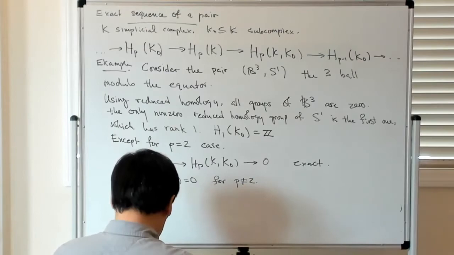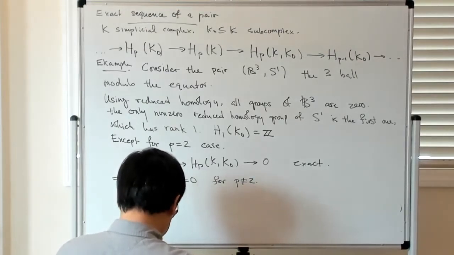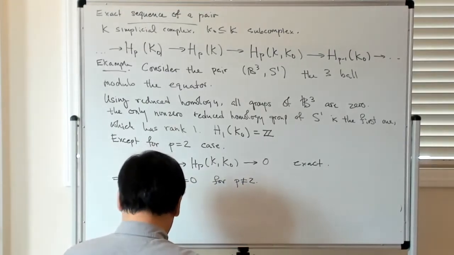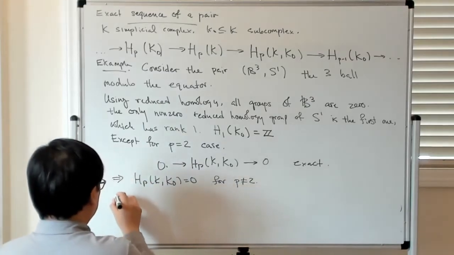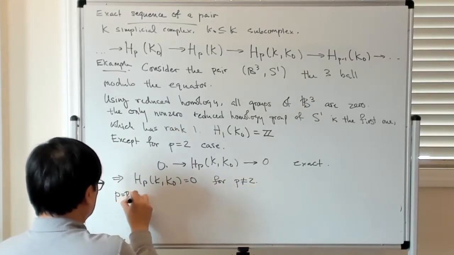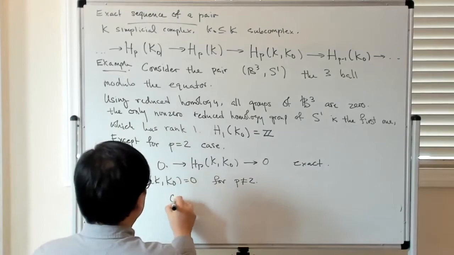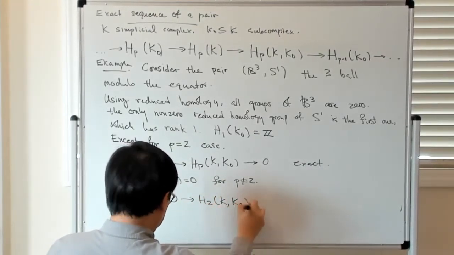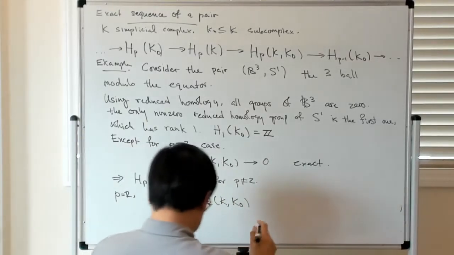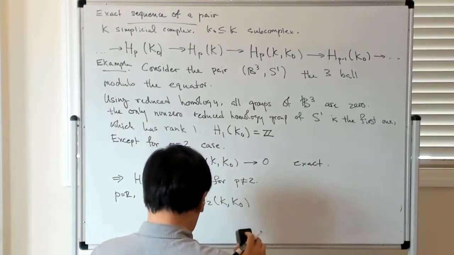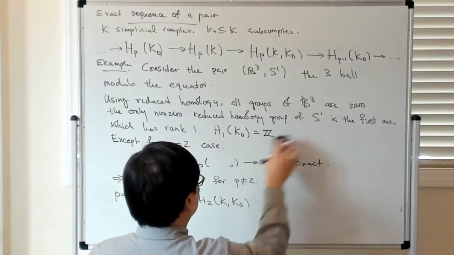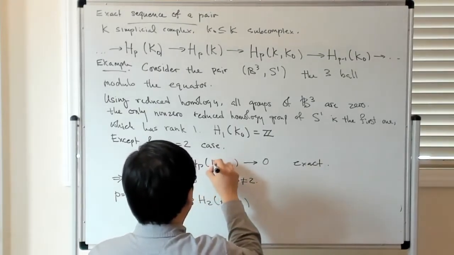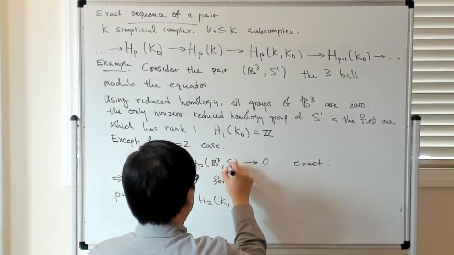Okay, so the p equals 2 case looks like the following. You get 0 maps to H2 of K comma K0, right? Well, actually, I'll write it just in terms of the B's and S, so B3 and S1.